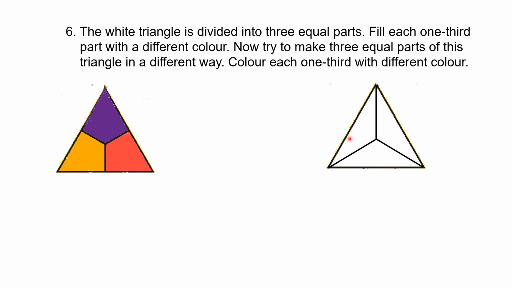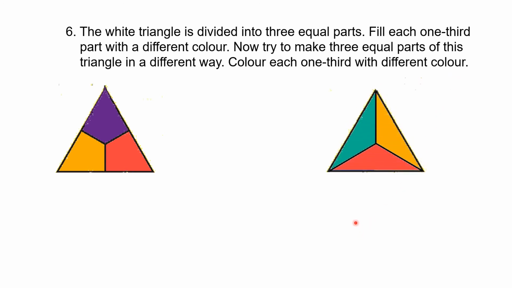Now this triangle is divided into 3 equal parts in a different way. It is different from the first one. Now color each 1/3 with a different color. Let us color. So we have colored each 1/3 part with a different color.